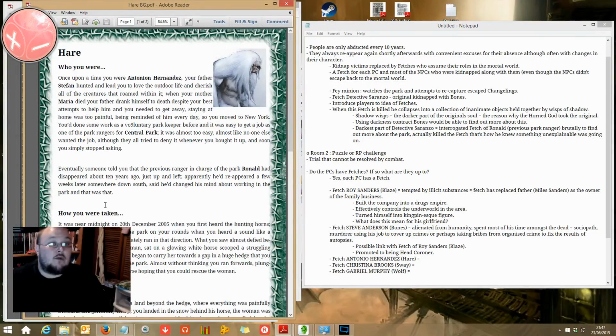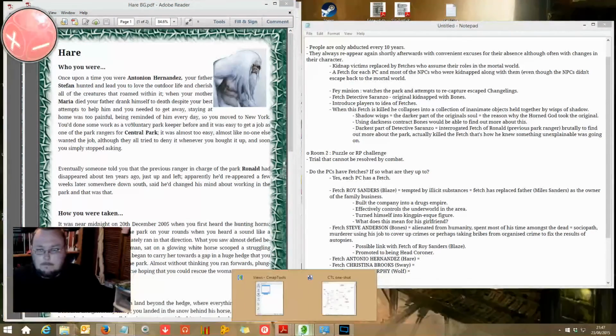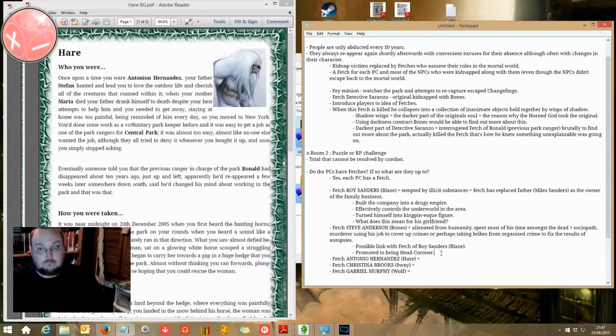We know from what we've written already that Ronald was replaced by a fetch who was later killed during a brutal interrogation by our friend Detective Mark Soranzo, and you can see that there on the relationship chart. Soranzo himself was then later on replaced by a fetch.